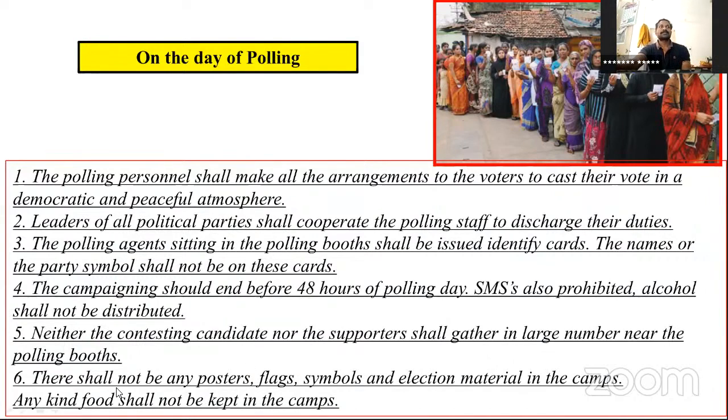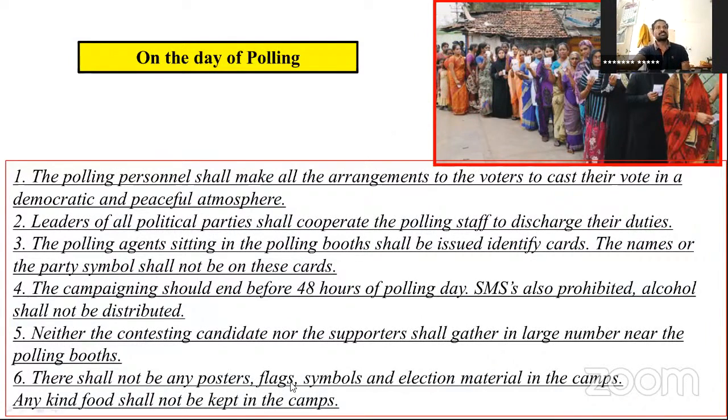Sixth one is that there shall not be any posters, flags, symbols, or election material in the camps. Any kind of food shall not be kept in the camps. Some contesting candidates come to the polling station and arrange political camps.